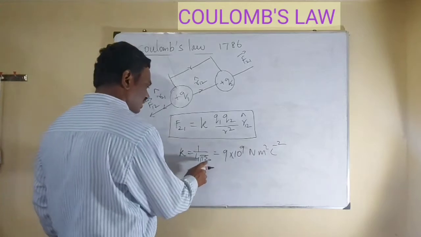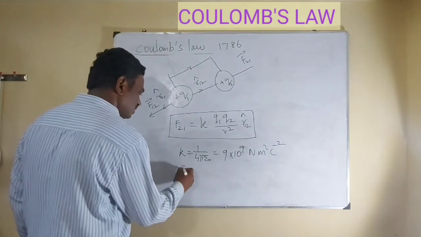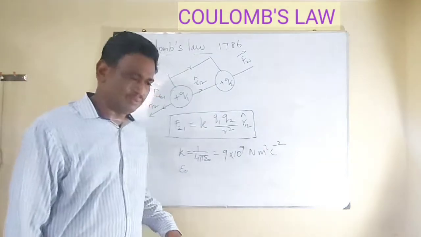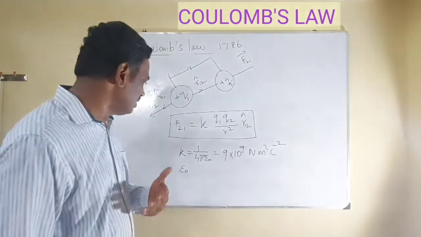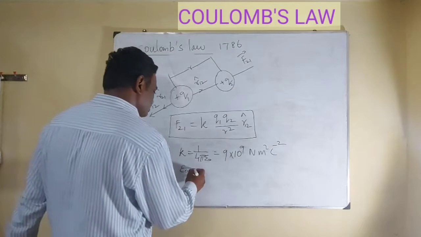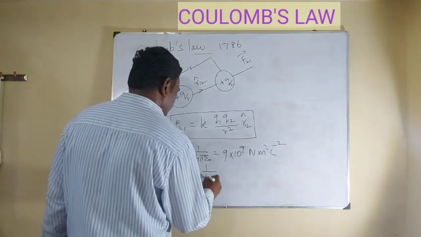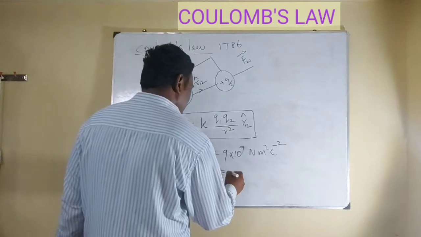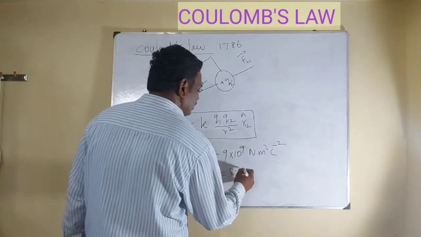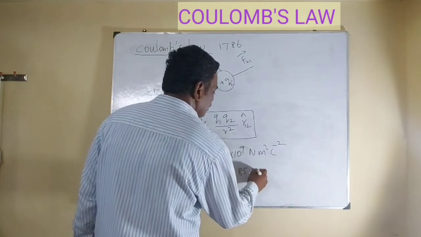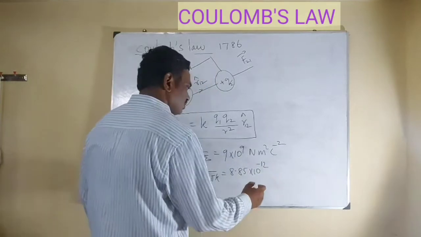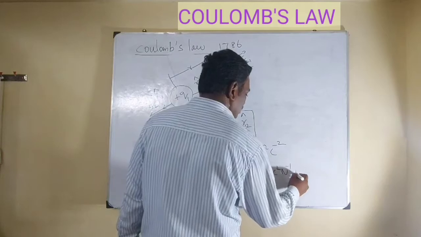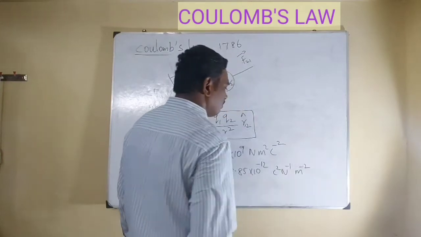Similarly, epsilon naught is the permittivity of the medium, that is the permitting ability of the medium, and its value is 8.85 into 10 power minus 12 Coulomb square Newton to the power minus 1 meter to the power minus 2.